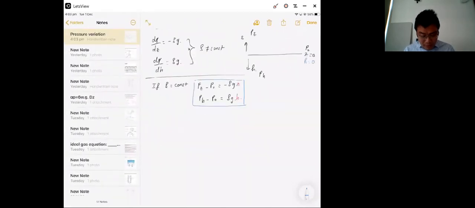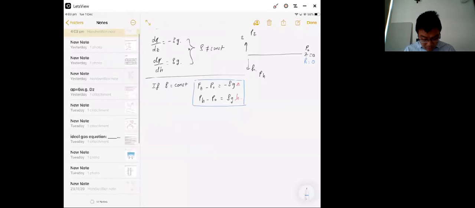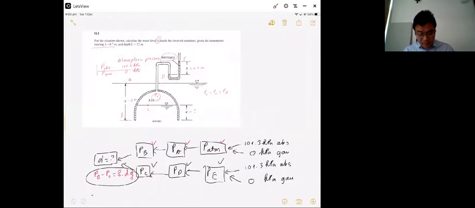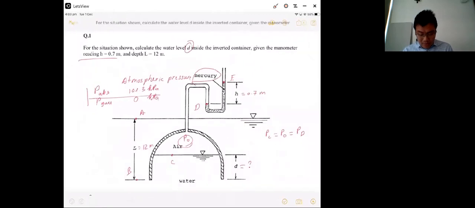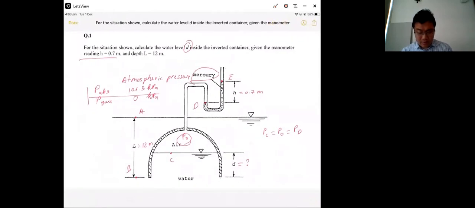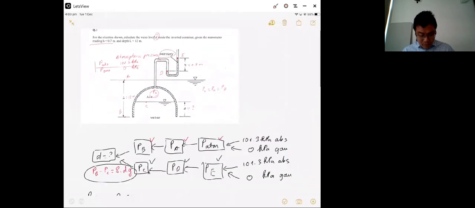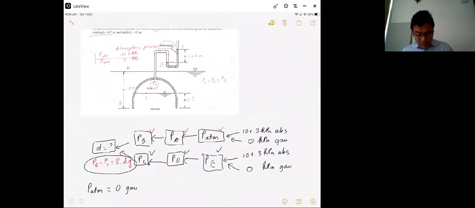And last week we worked on this question. You have to find the water level D. To find D, which is the distance between point C and point B, you have to know PC and PB.